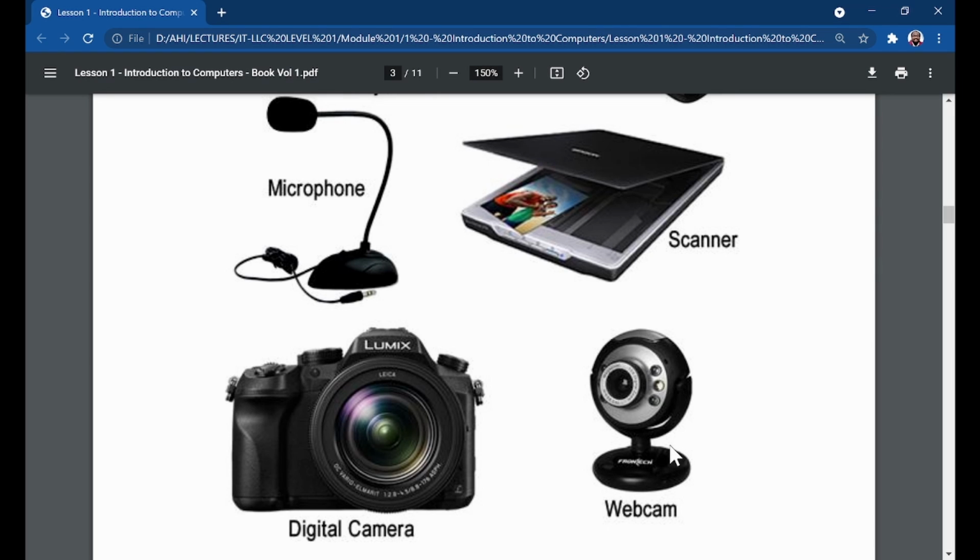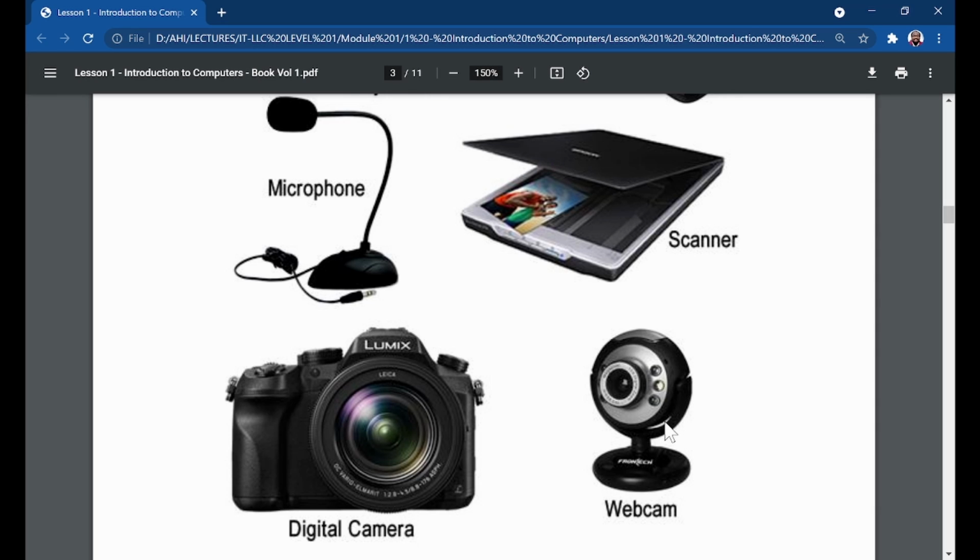Webcam. We used to use standalone webcams a lot. 15 years ago, everyone had one of these. Anytime you want to chat with anyone over the internet, this is what you use, the webcam.